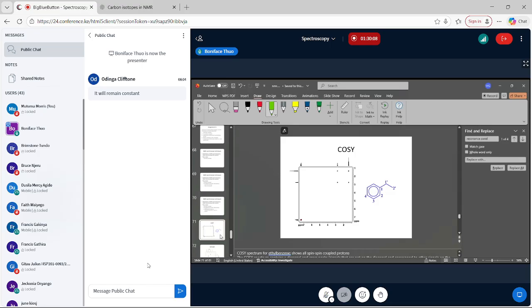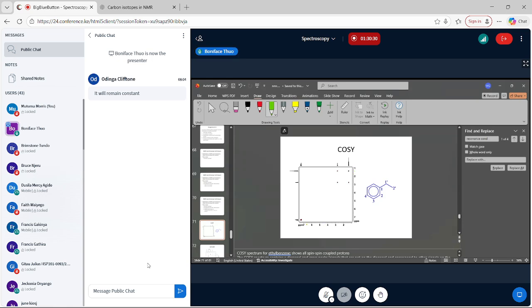Okay, so this is the spectrum of the compound given there, ethyl benzene. And what we have are two axes. You can see the two axes.